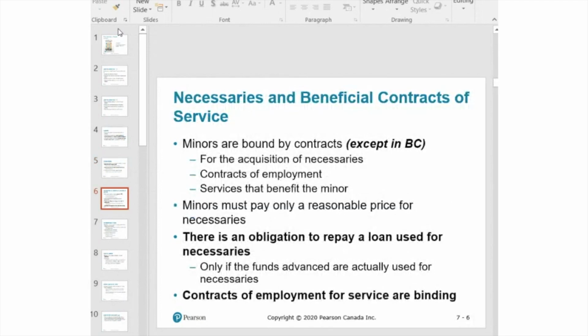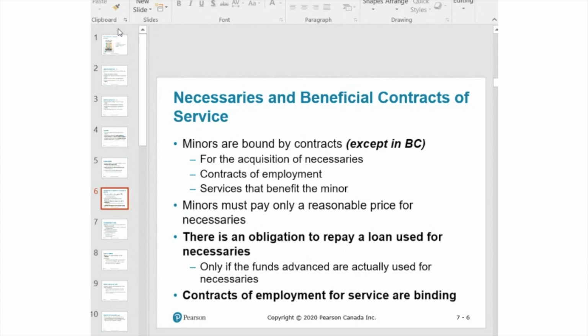The main exceptions for us here in BC are contracts of employment and contracts for student loan. Whenever a minor enters into a contract of student loan or of employment, they are binding on the minor as well.